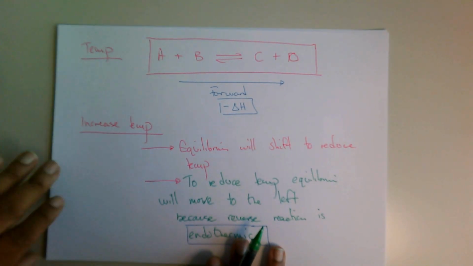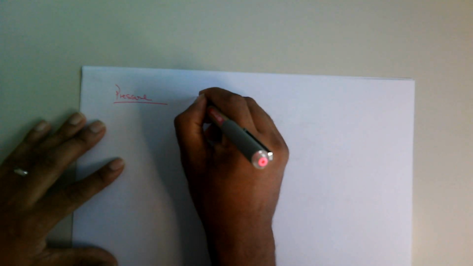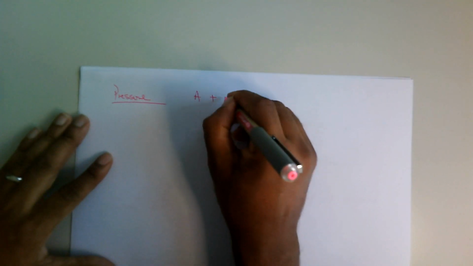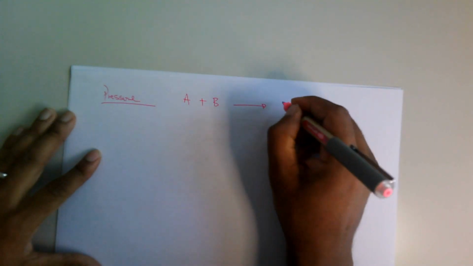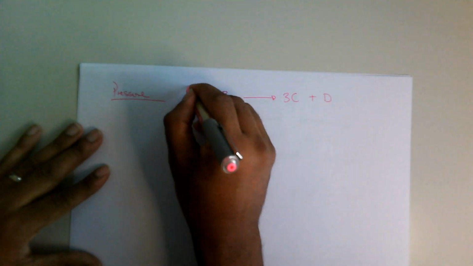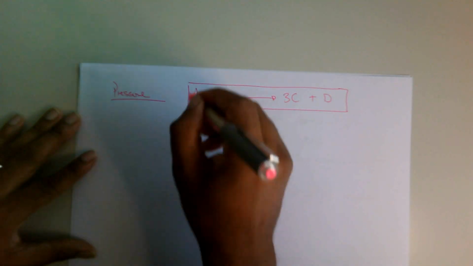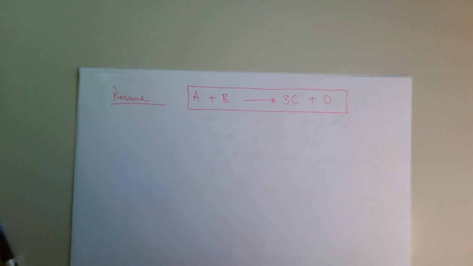Now the other one is changing pressure. Let's look at a different example. Say we've got A plus B gives you 3C plus D. Again, this is obviously just a random equation.